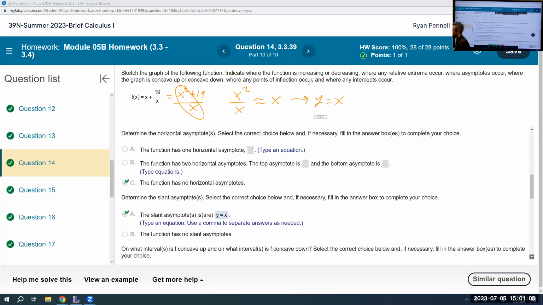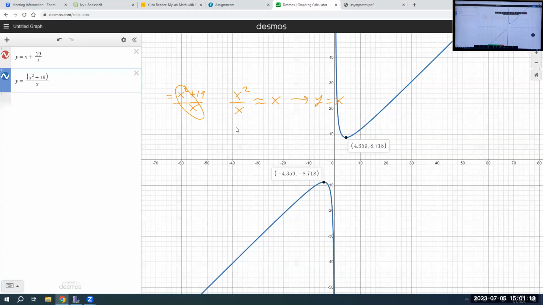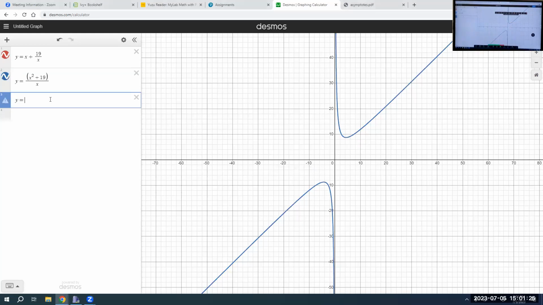Let's look at our graph again. There's our graph. Horizontal asymptote, yeah, it is slanted. What is that slant? y equals x. See there in the green. See the horizontal asymptote or the slant asymptote.